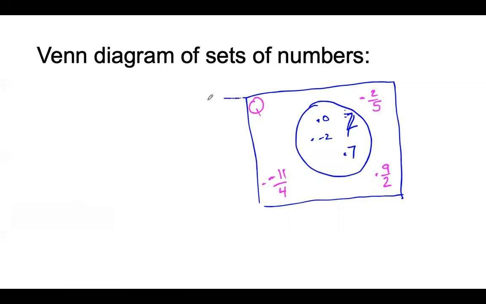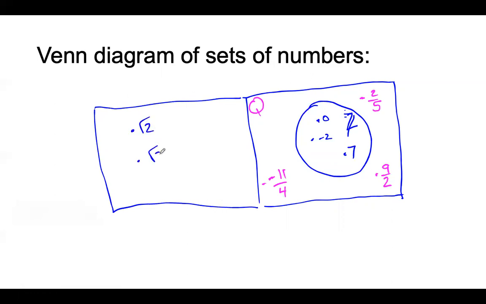I'll go back to blue. And then over here, we have the set of irrational numbers, things like square root of 2, square root of 3, and pi. So this is the set of irrational numbers.